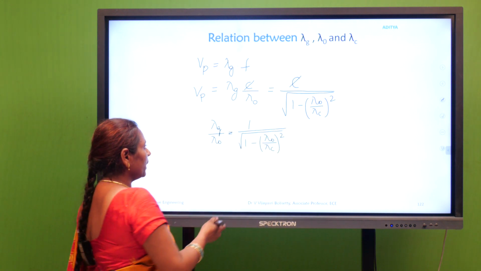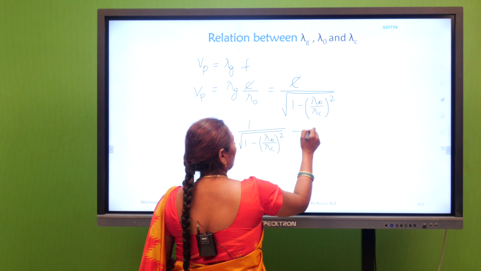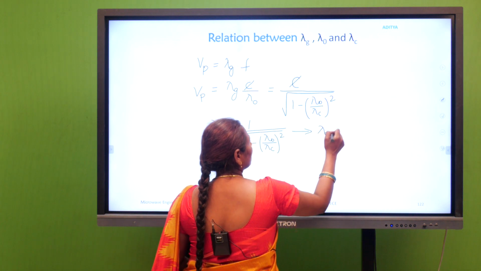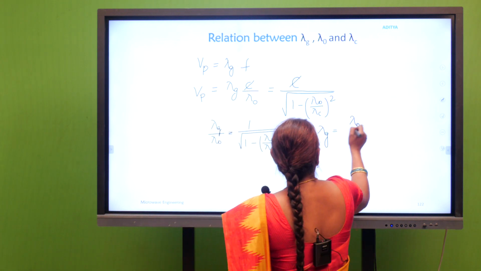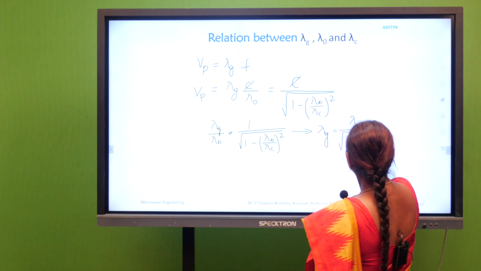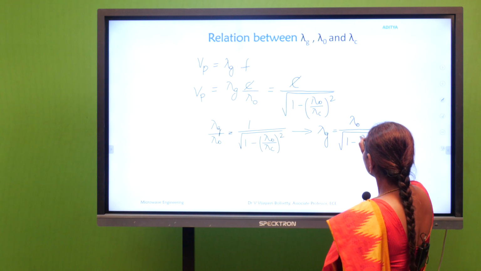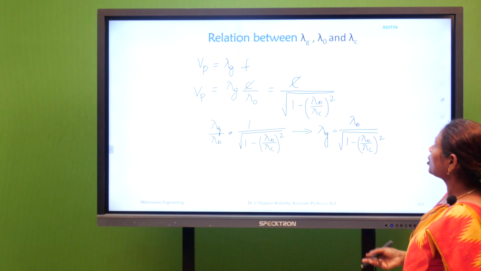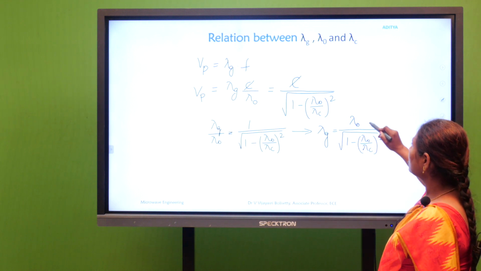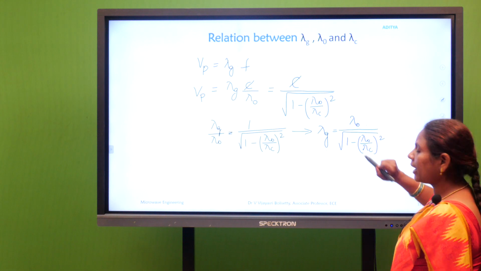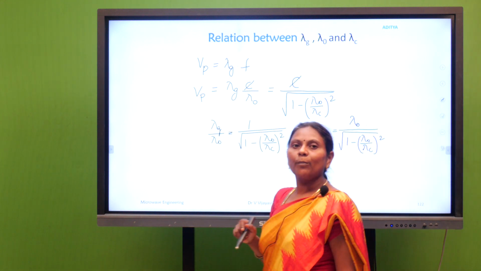Or simply, this implies lambda g is equal to lambda naught by root 1 minus lambda naught by lambda c whole square. So this is a relation between the guided wavelength lambda g, free space wavelength lambda naught and cutoff wavelength lambda c.